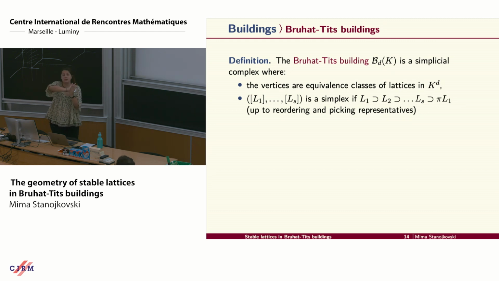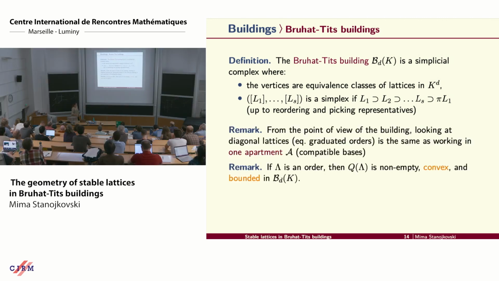Okay, so you can think of maximal simplices as being maximal flags over the residue field. And so when we looked at graduated orders, we were looking at diagonal lattices. So this means we fix a basis, and this, in the language of buildings, means we live in one apartment.